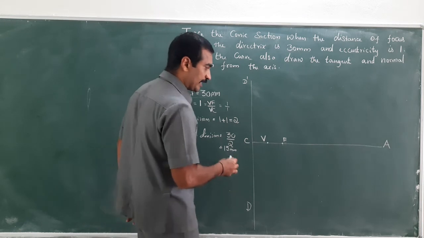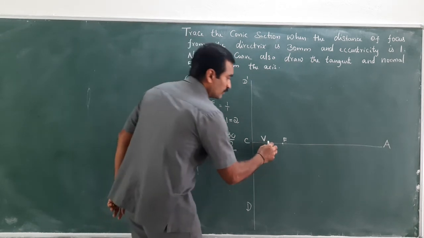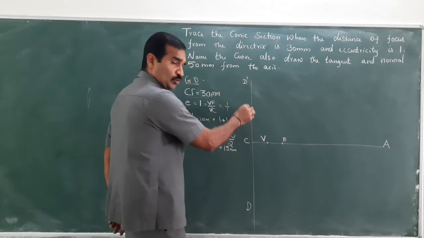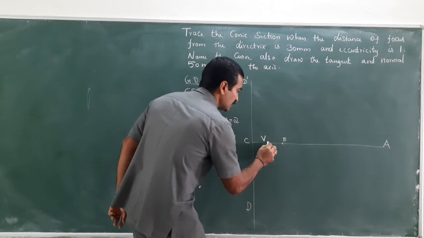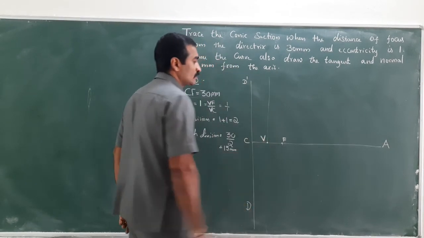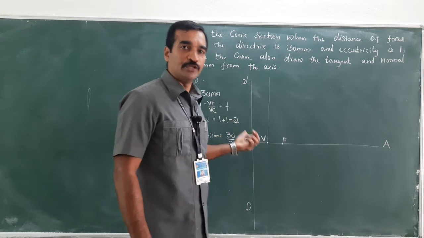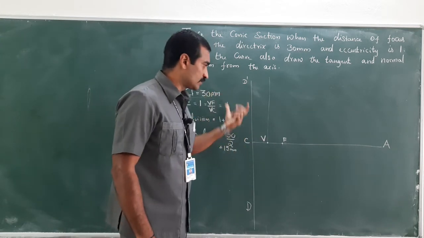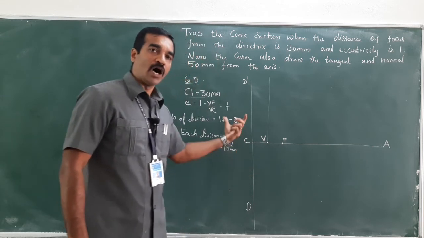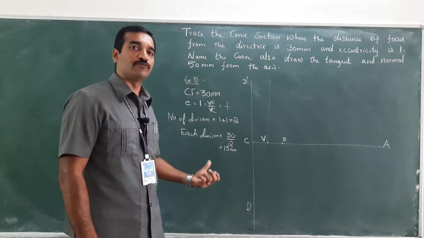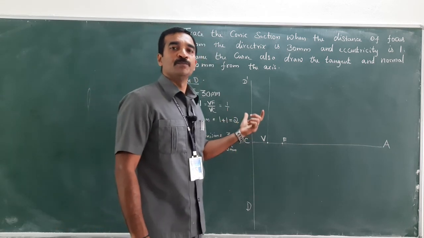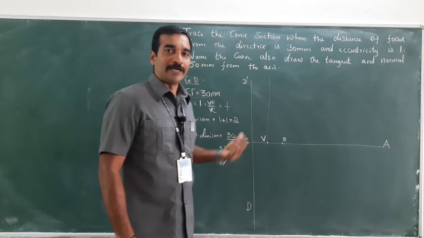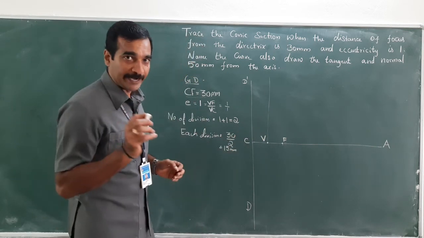Now, draw a parallel line to the directrix, a thin line. You should use the 2H pencil here, because whatever I have drawn here are construction lines. Therefore, you must use a pencil of grade 2H.